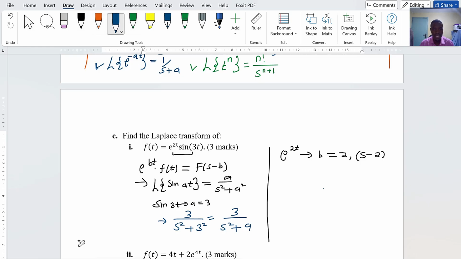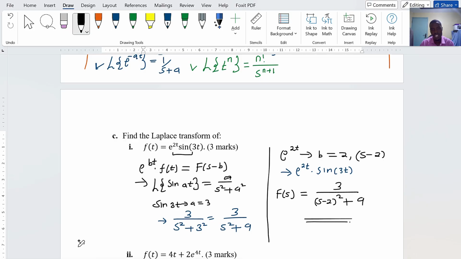Our Laplace transform of e^2t times sine 3t will now be F of s, which is our answer, shifted by 2. So it will be 3 all divided by s minus 2 squared, plus 9.